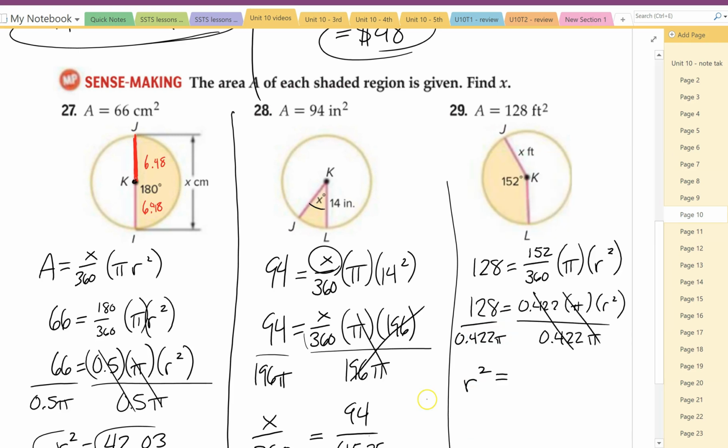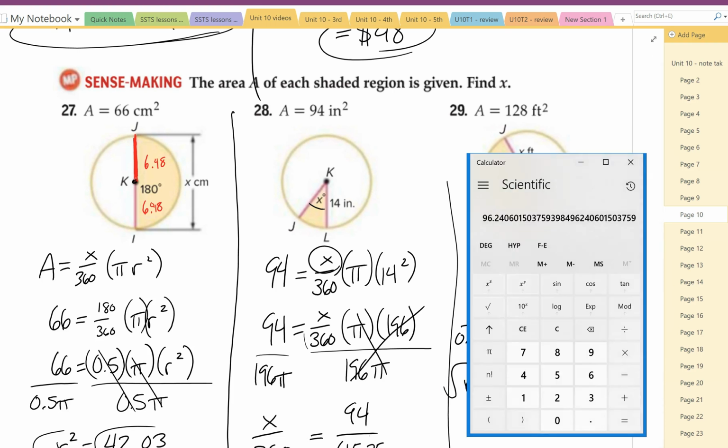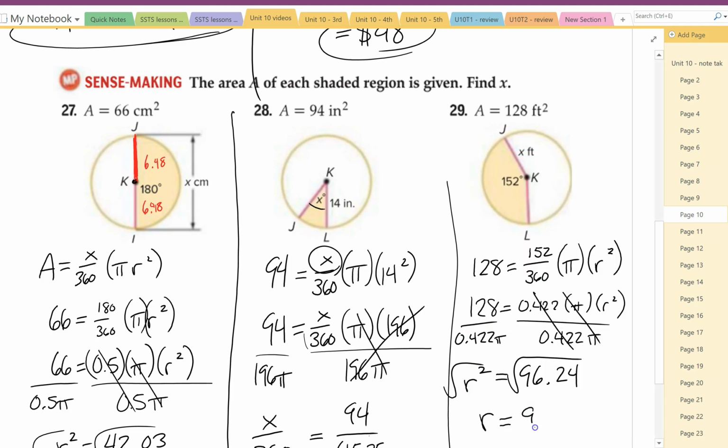And that's 96.24. Now I'm going to take the square root of both sides so that I can figure out what just r is. I need the square root of this. 9.81. So the radius of this circle would have to be about 9.81 feet.